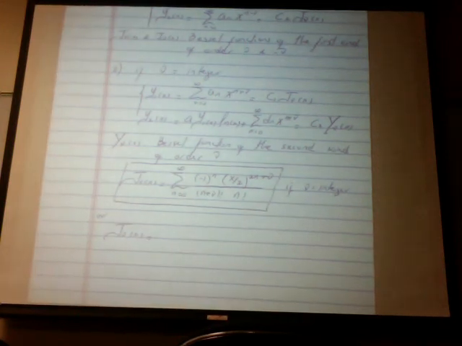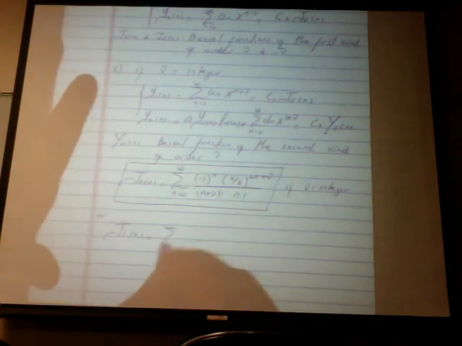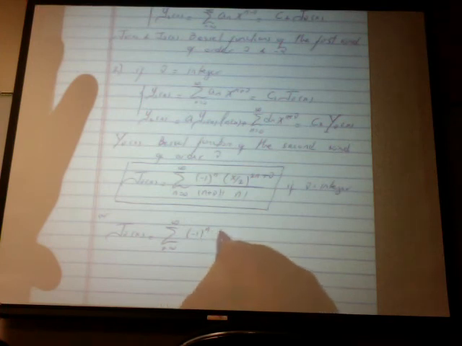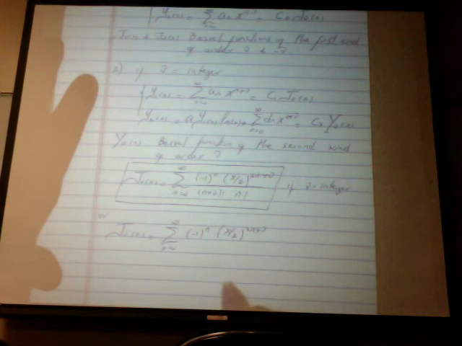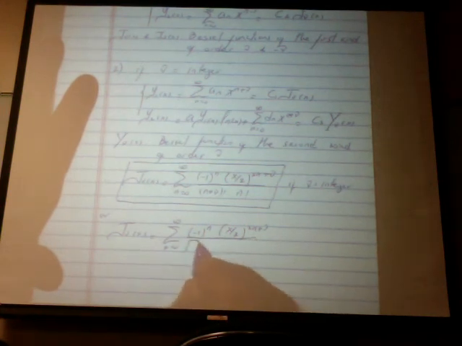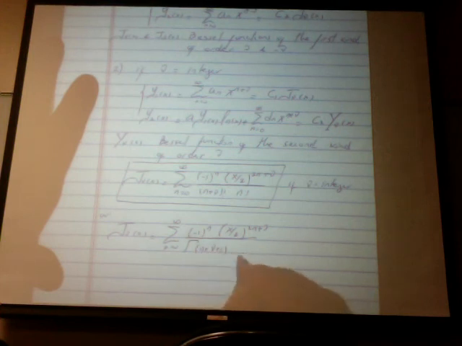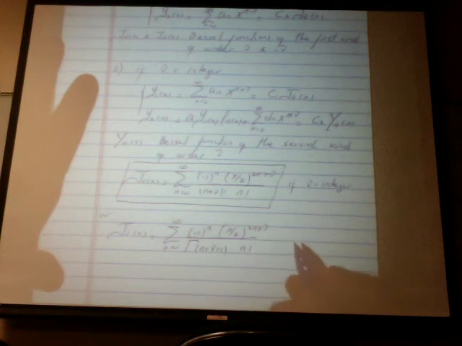Or J_nu of x is equal to the summation from n equals 0 to infinity of (-1)^n (x/2)^(2n+nu) divided by n! times gamma of (n+nu+1).